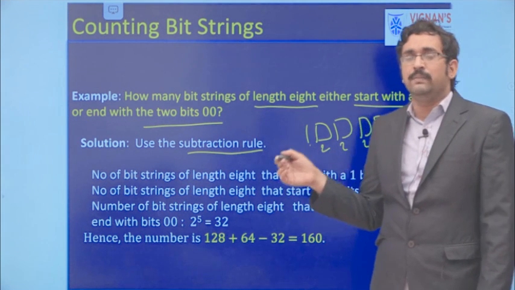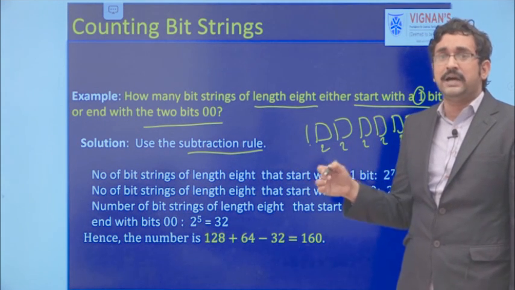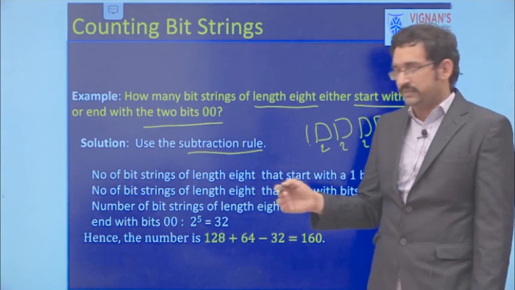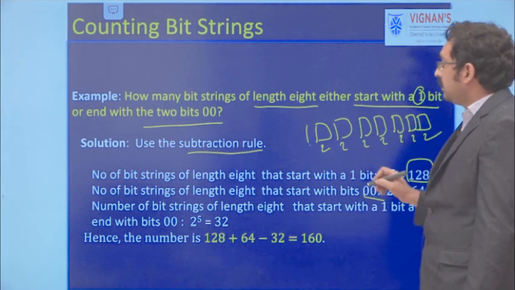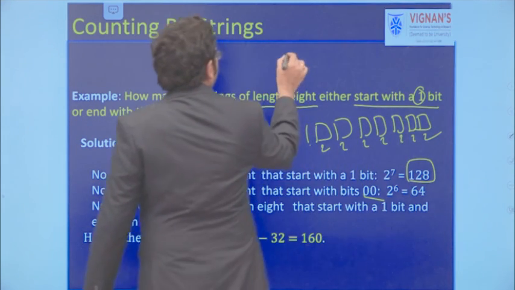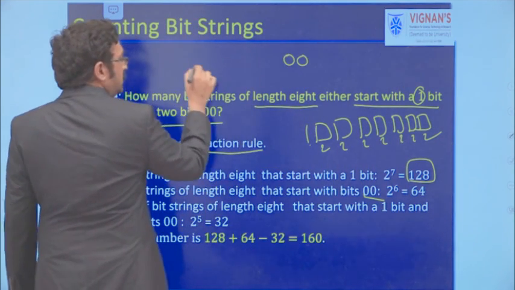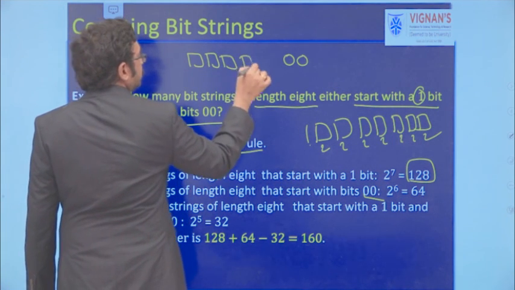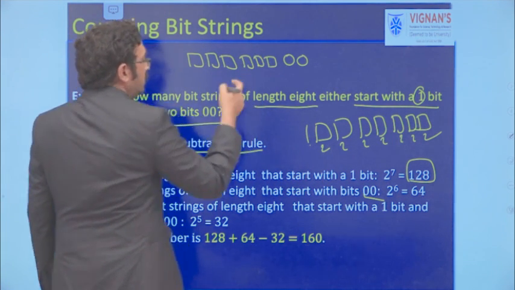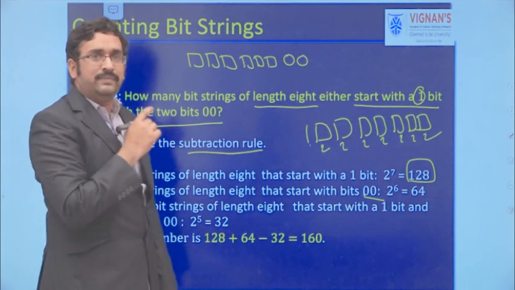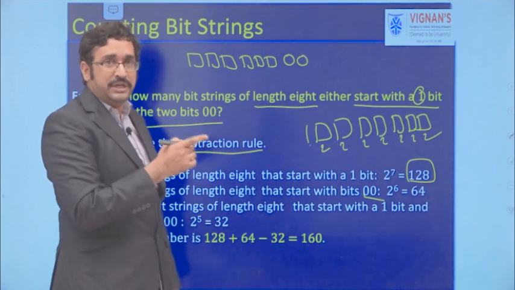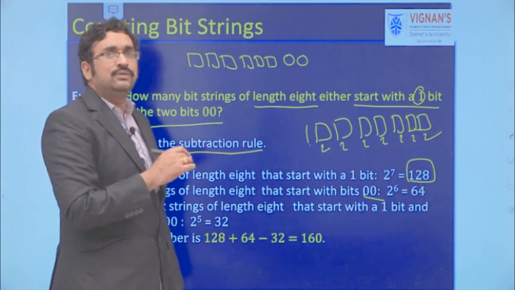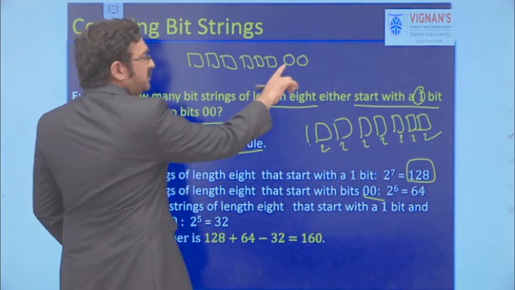Next, we have to compute the number of bit strings that end with 2 consecutive zeros. That means the last 2 values should be zeros, and the remaining 6 can be anything. Here we are finding the number of bit strings of length 8 ending with 2 consecutive zeros. The last two are fixed.